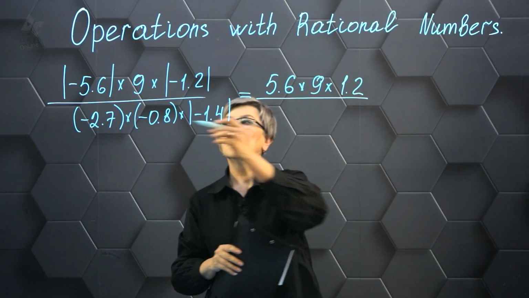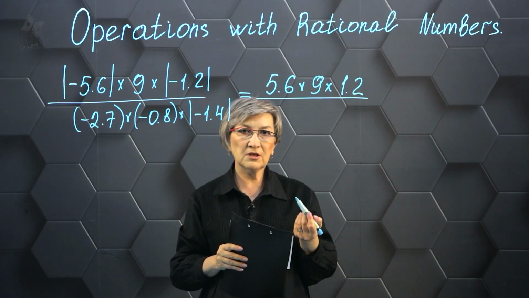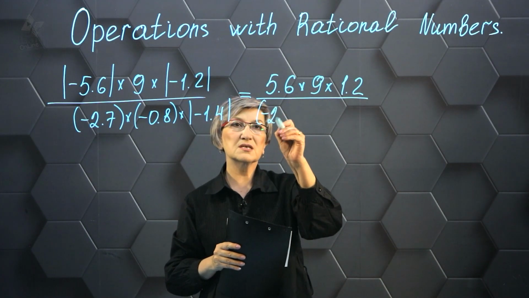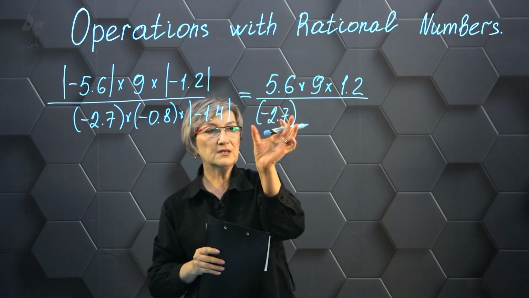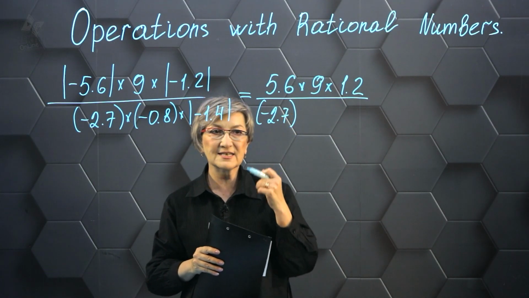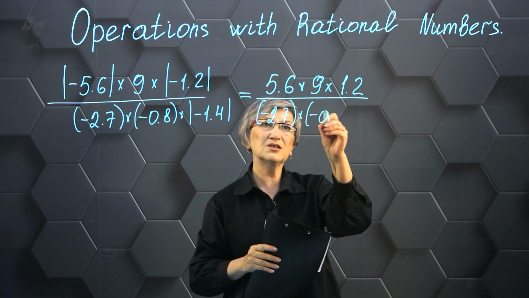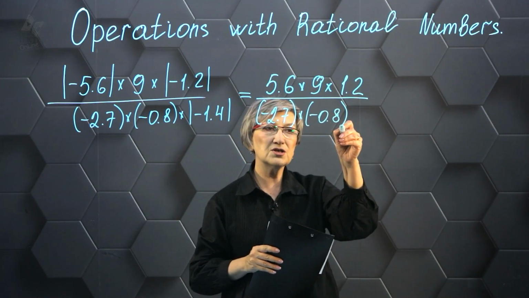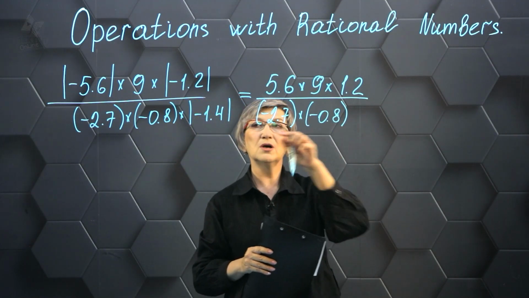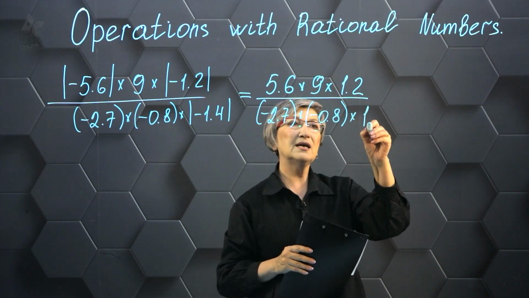Divide. The number is minus 2.7. It's not an absolute value, so that's the number I'm rewriting: minus 2.7. So in this case, I'm being told that I need to multiply a negative number, minus 2.7, by a negative number, 0.8, and then multiply by the absolute value. And the absolute value of the number minus 1/4 is 1.4.